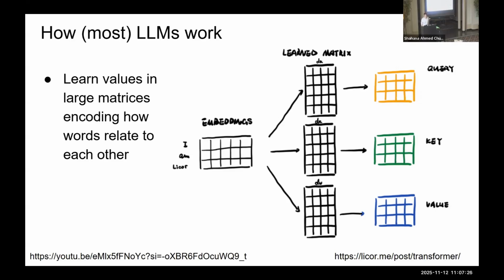And then when you multiply the key matrix by these word embeddings, it will give you searchable attributes of the particular tokens.